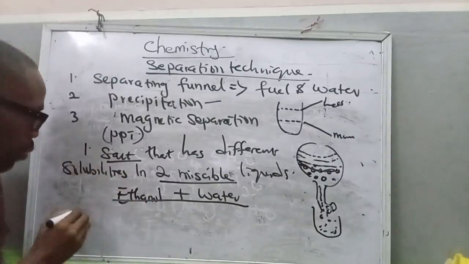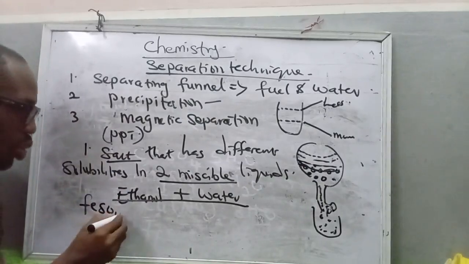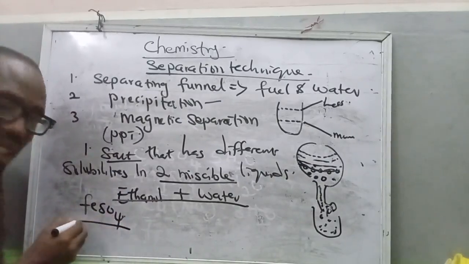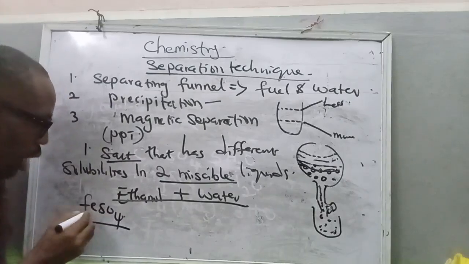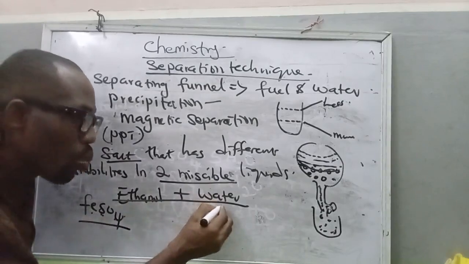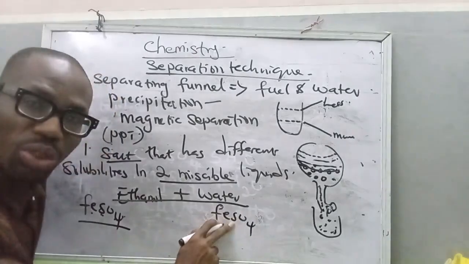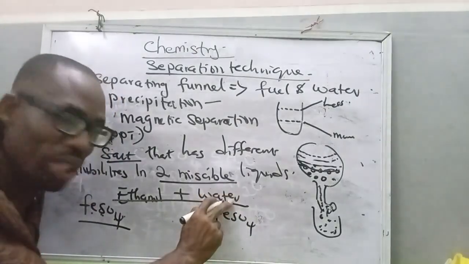For example, if you bring this salt, iron 2 tetraoxosulfate 6, FeSO4, it is soluble in water.